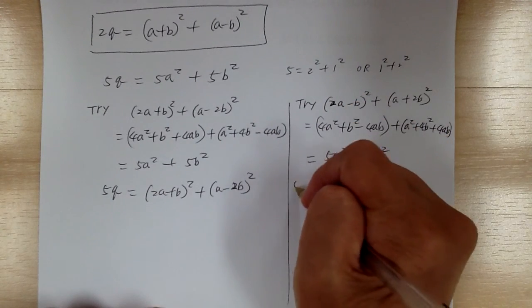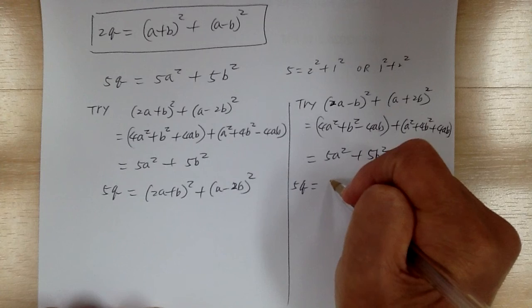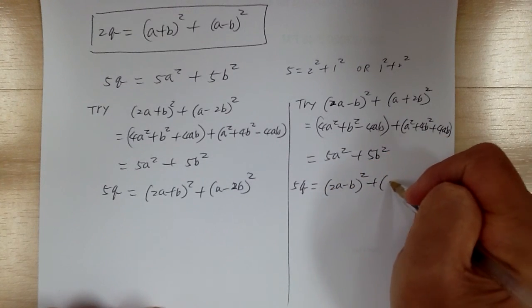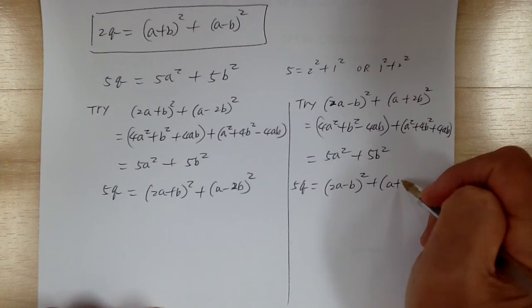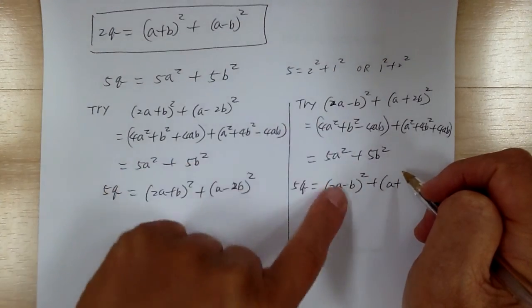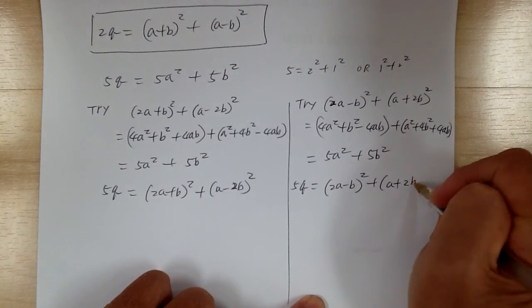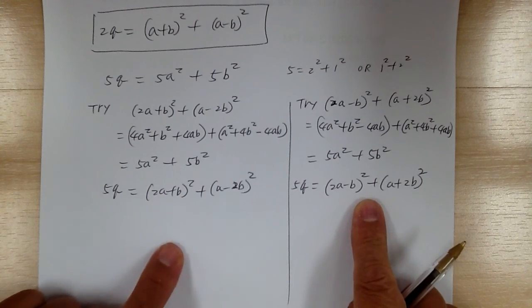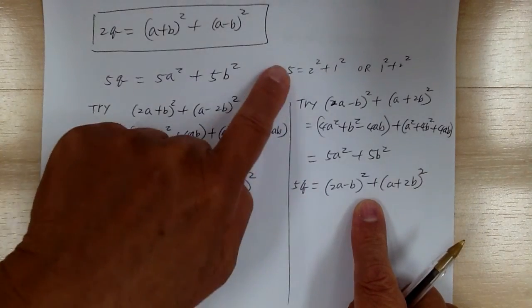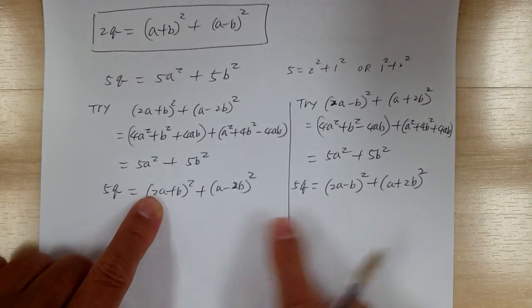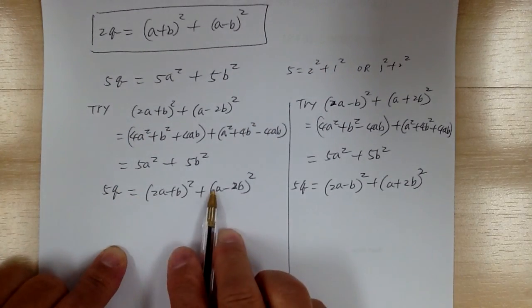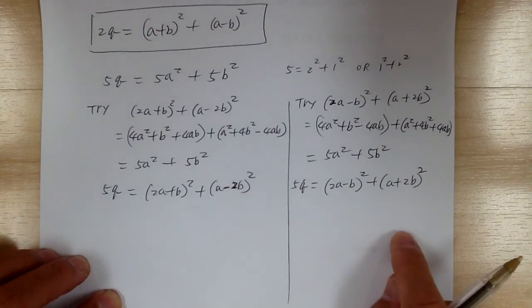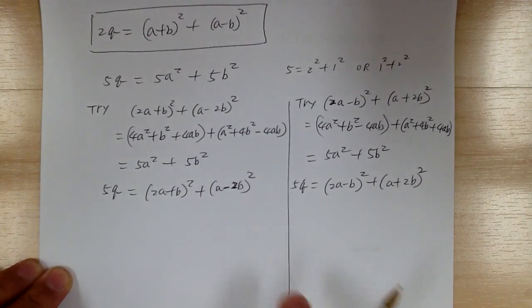So you can see that 5q will equal 2a minus b squared plus a plus 2b squared. And again, if you notice, they are conjugates, right? And again, the thing to notice is that 5 is 2 squared plus 1 squared, so you need to get 2 squared and 1 squared, and 1 squared and 2 squared as the coefficients. And because it's squared, it can be plus or minus. And so that's it.